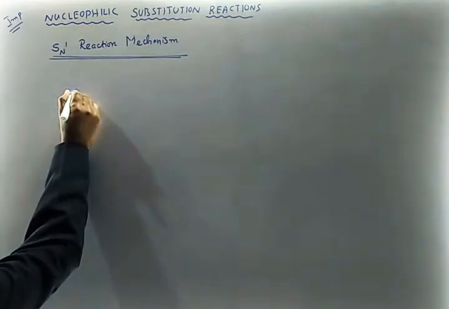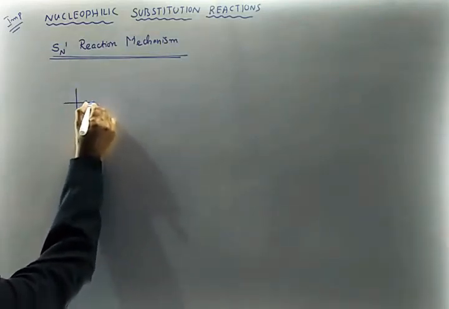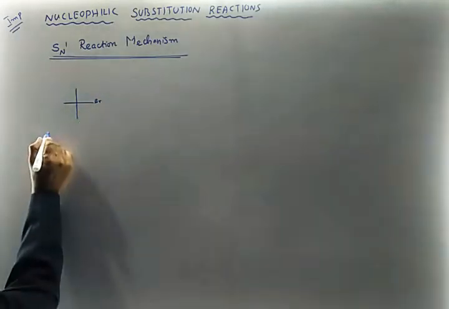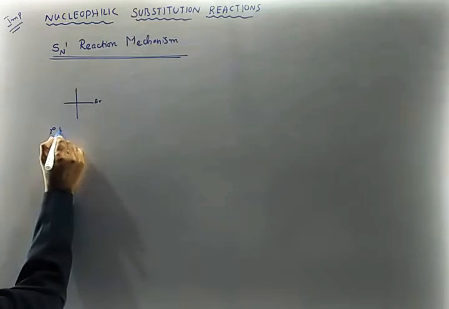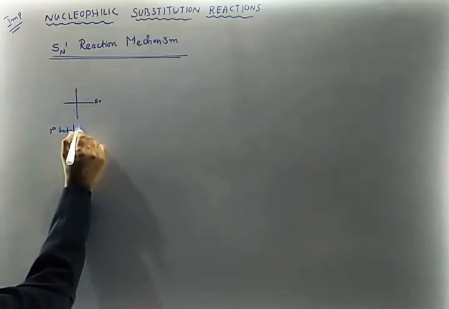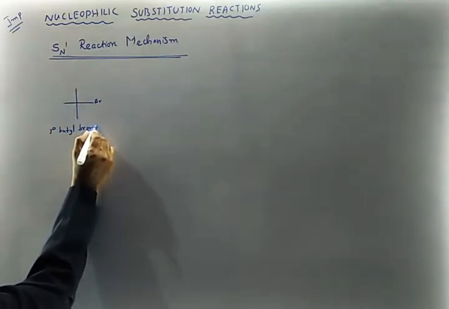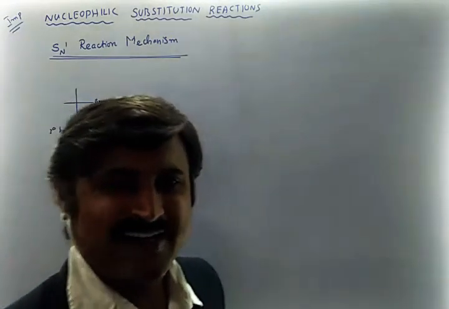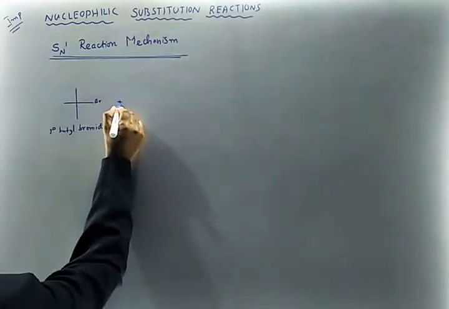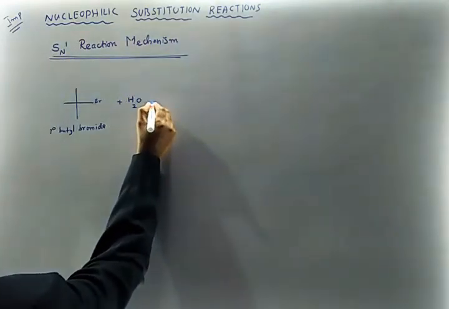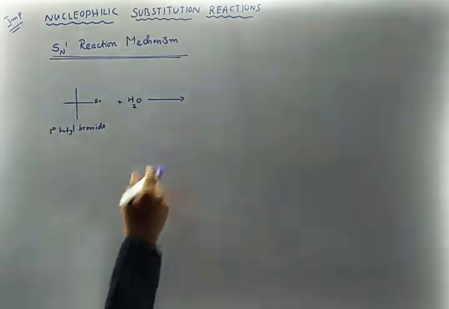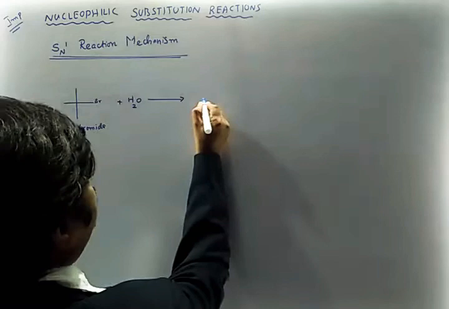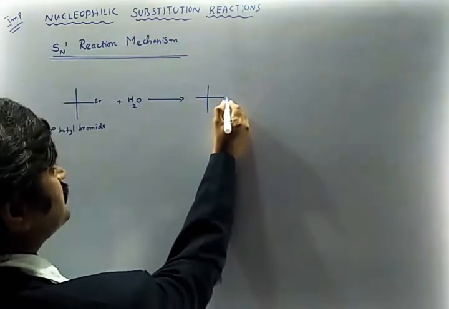This is tertiary butyl bromide. If it reacts with water in a nucleophilic substitution reaction, then what is going to form?